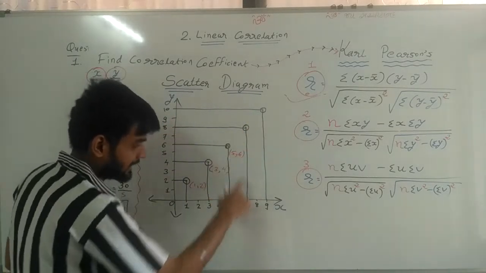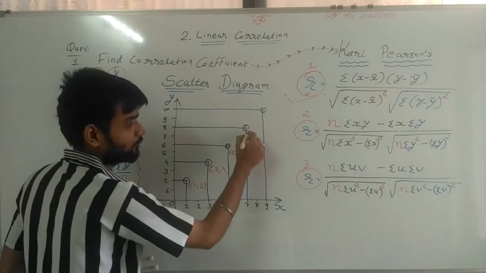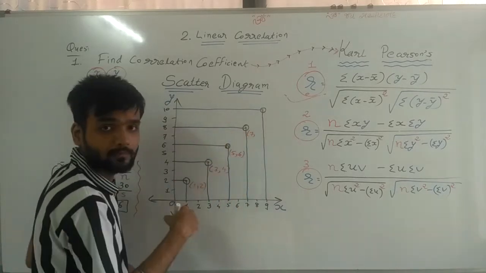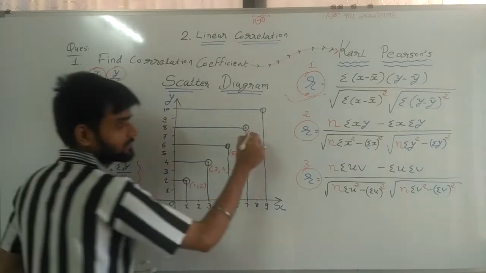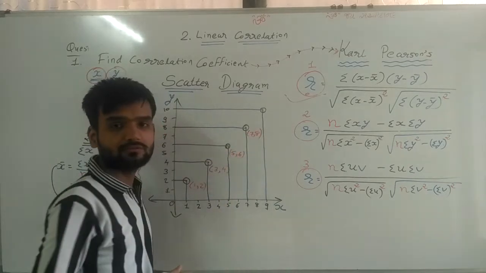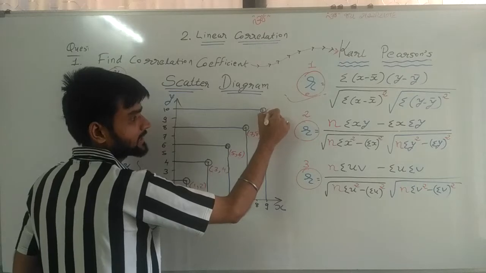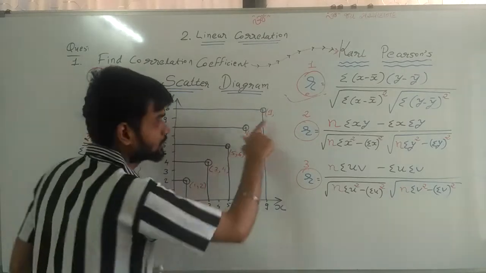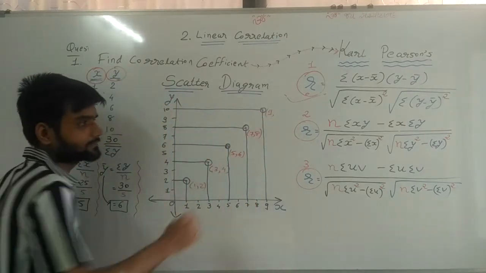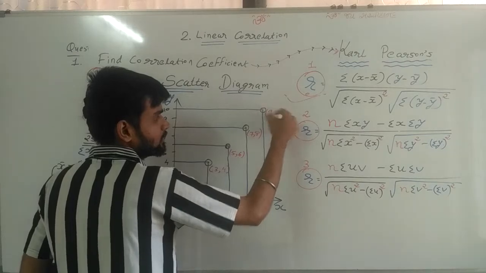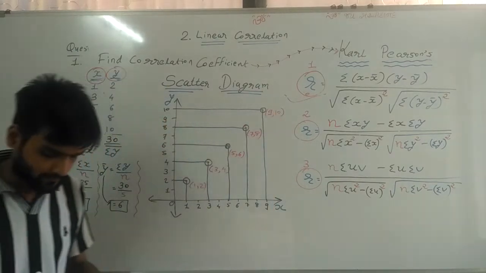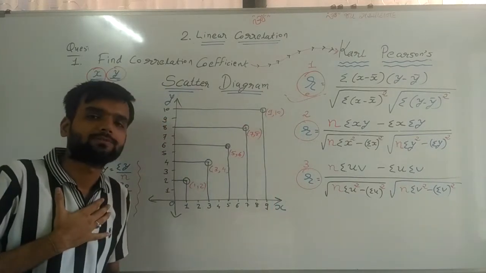So here I can write on the x-axis 7, and on the y-axis 8, then y8. Same way 9. So here x-axis 9, on the y-axis 10 is given. So y-axis 10.